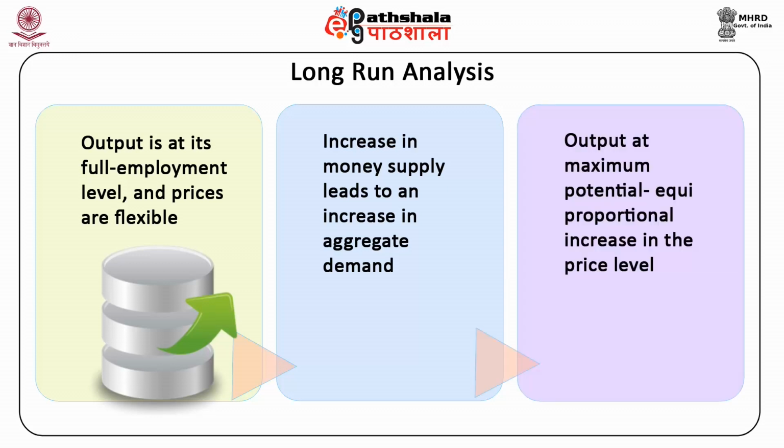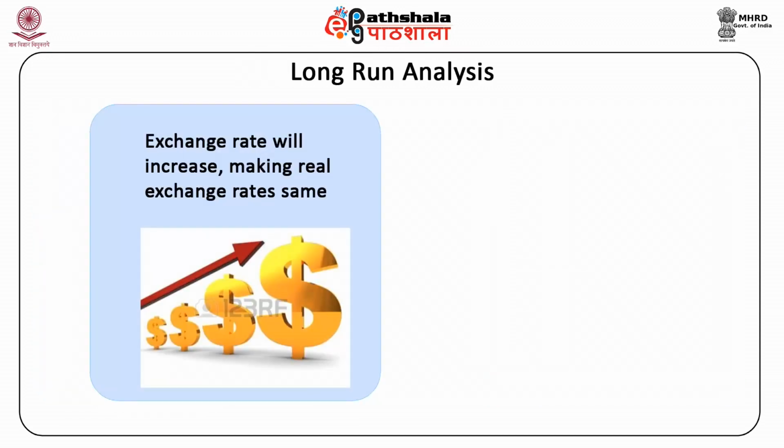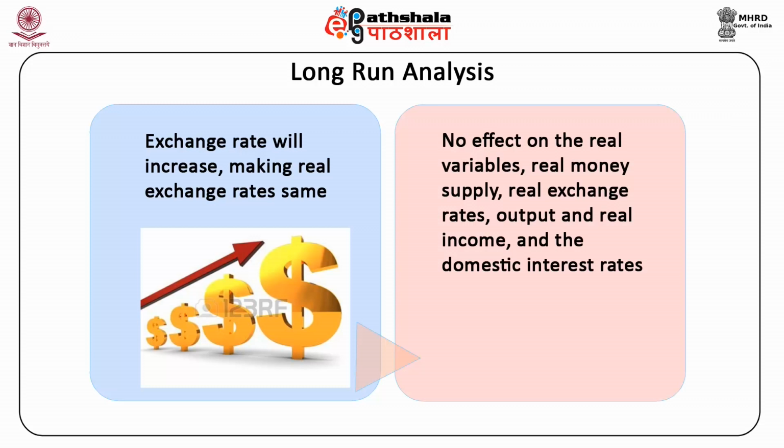Since output is fixed at its maximum potential, it will cause an equiproportional increase in the price level, making the real money supply the same as before. The exchange rate, or E, will increase, making the real exchange rate the same. Thus, there will be no effect on the real variables: real money supply, real exchange rates, output and real income, and the domestic interest rates.